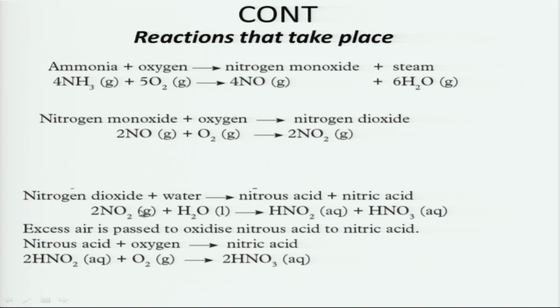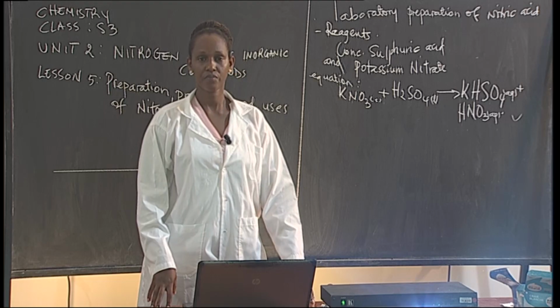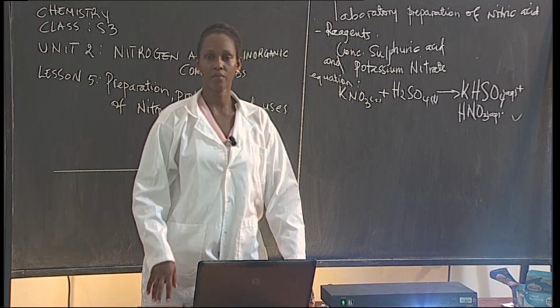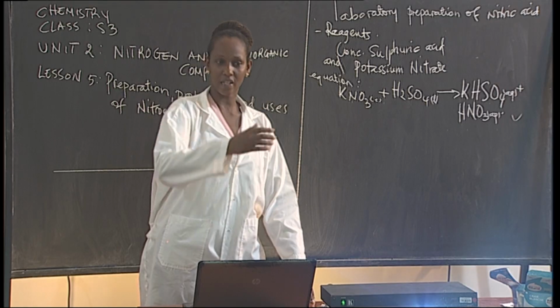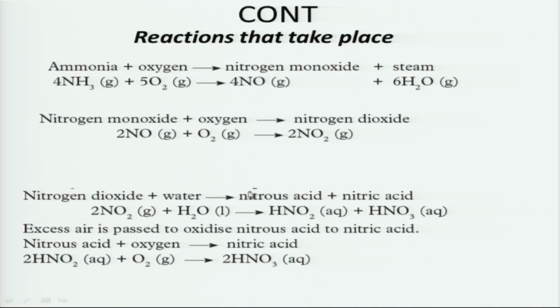You remember in the raw materials oxygen is there, air is there. The air we are talking about is oxygen. The next one is to add water. When you add water, you get nitrous acid. When it has 2, we call it nitrous. When it has 3, we call it nitric. All right? So finally, even this nitrous acid, when you add excess oxygen, is turned to nitric acid.